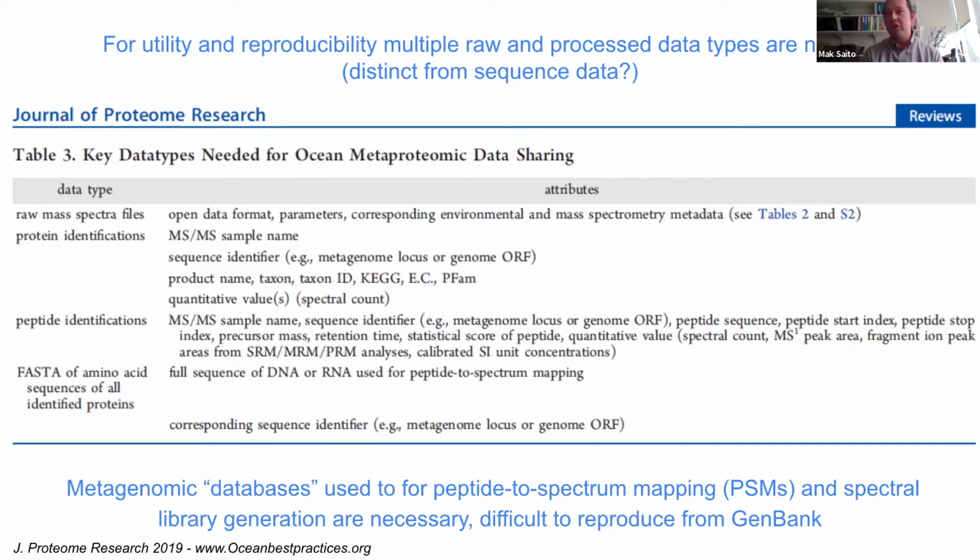Most often, we use metagenomic data or metatranscriptomic data to do our peptide to spectrum mapping, where we convert those spectral units that I mentioned into the sequences. They rely on curated, usually very specific and maybe sample specific metagenomic databases. And so making sure that information is captured and that data is collected and where to find it is really important for reproducibility and interpretation of the data.